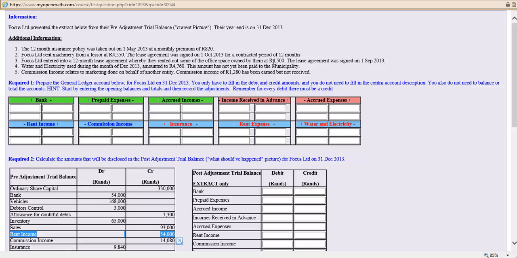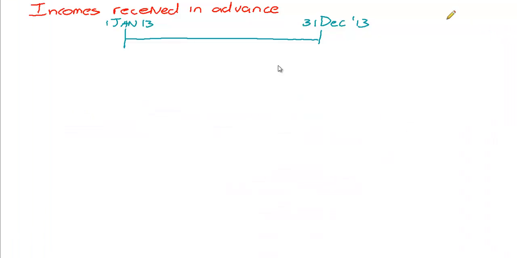So how many months? If we take the total rent income received and divide it by the rent income per month, that's going to give us the number of months.